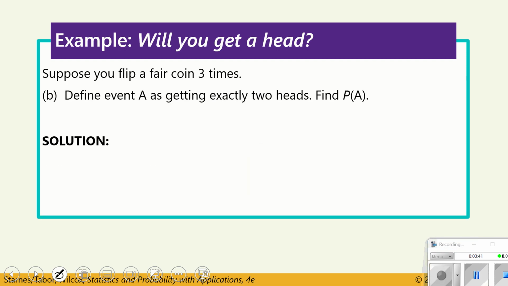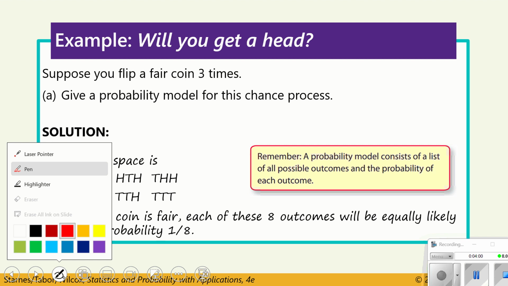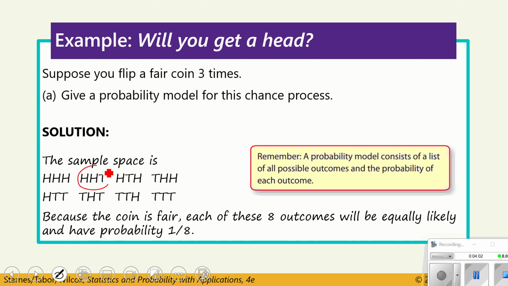Now, we want event A to be exactly 2 heads. So if we go back and look at our sample space, we want to find out where exactly 2 heads are happening. So I just flip back real quick here, and where are exactly 2 heads happening? Well, there's 2 heads happening here, 2 heads here, 2 heads here, and those are the only ones.